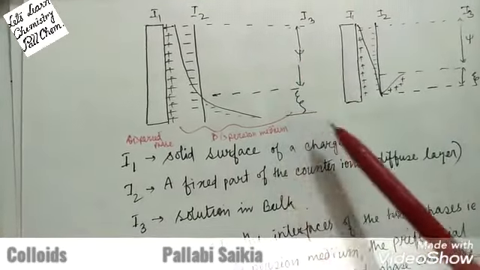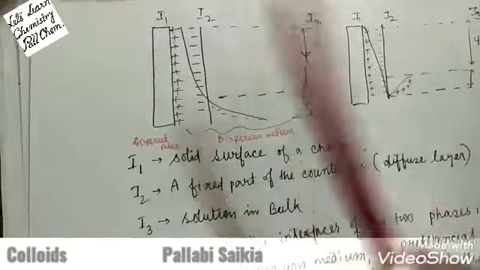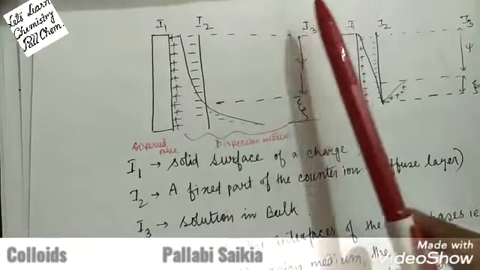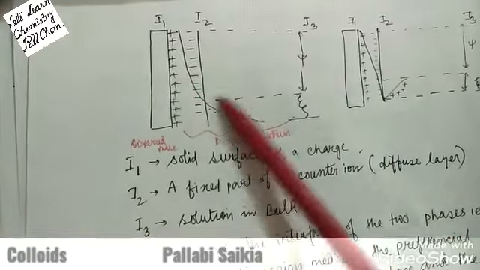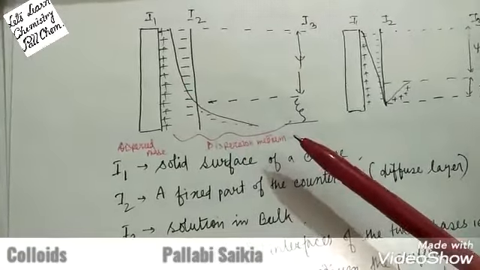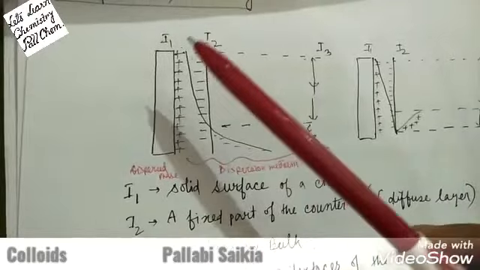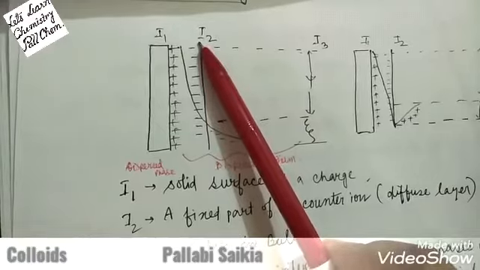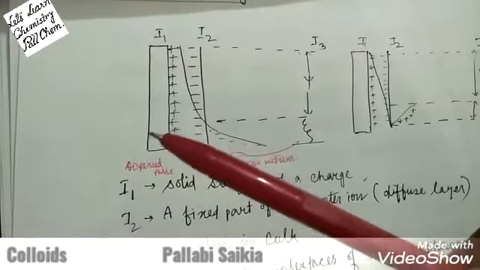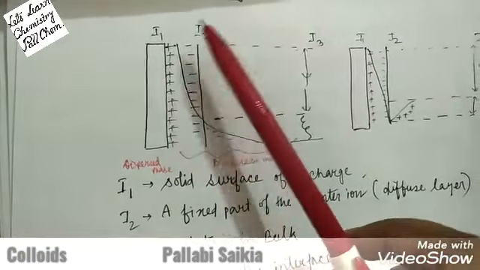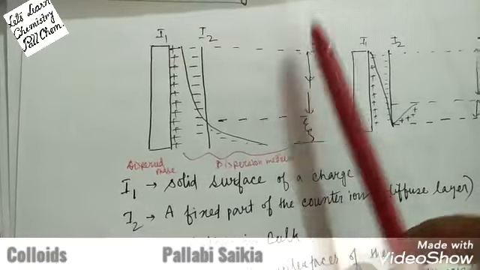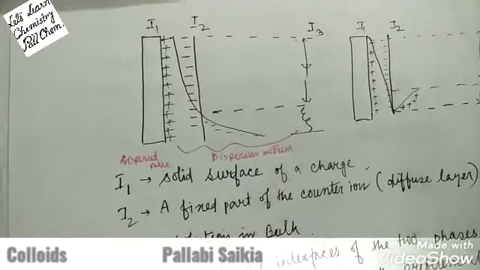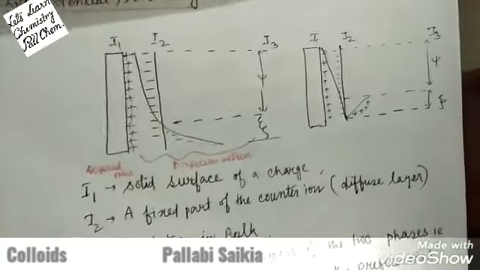And the potential difference between I2 and I3, the fixed part of the counter ion and the solution in the bulk, is known as the zeta potential, expressed by chi. So this is the electrical double layer.